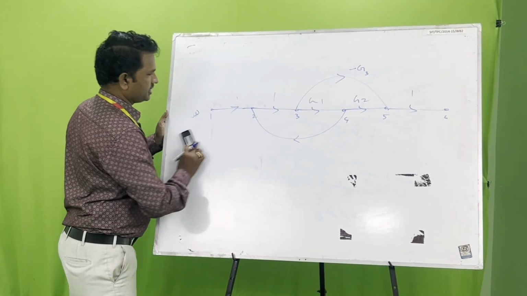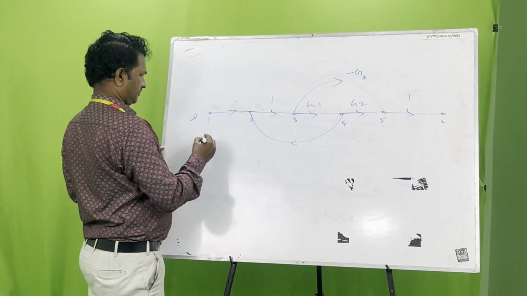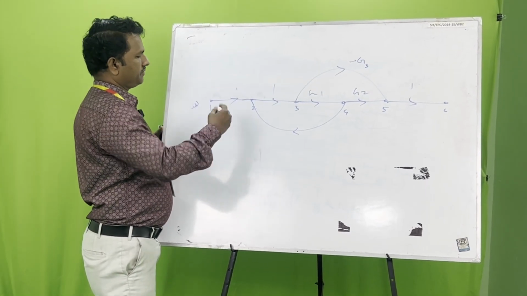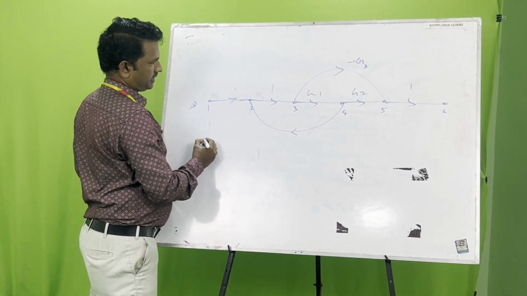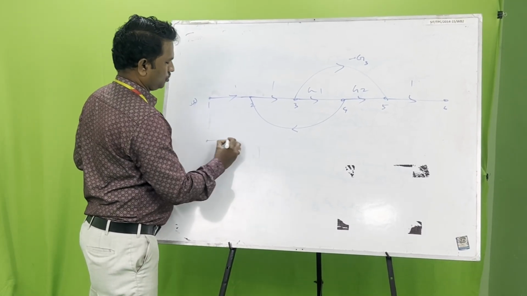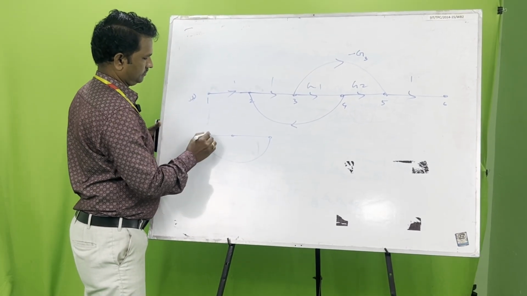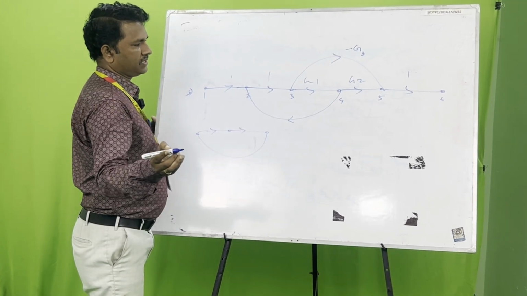Second, individual loop. As I told you, an individual loop starts at a point, goes around and comes back to the starting point. For example, here 2, 3, 4 is one individual loop. It is also called a closed loop.